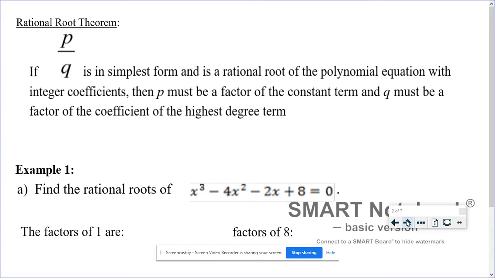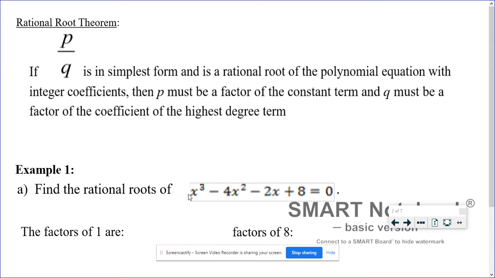Okay, so what does that actually mean? So if a polynomial has a rational root, it has to come from a combination of the factors of the constant and the leading coefficient. It can't just be a random number.